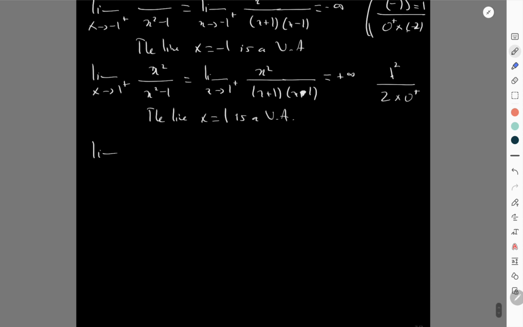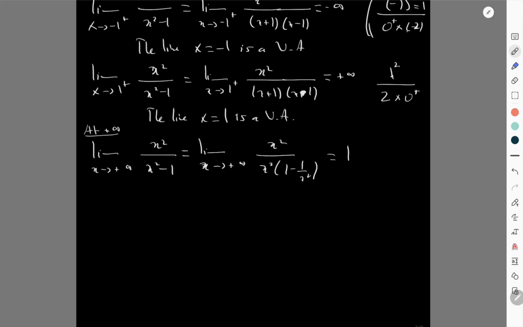Now let's look at the horizontal asymptotes. I have to do both limits in that case. At plus infinity, it's clear. I'll leave it to you to check. By just factoring out the x squared on the bottom and canceling it, this is just 1.